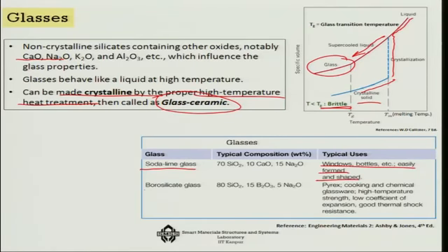The other one, which is more expensive, is borosilicate glass, which along with silica has boron oxides, and is used for pyrex, cooking and chemical glassware, with high temperature strength, low coefficient of expansion, and good thermal shock resistance.